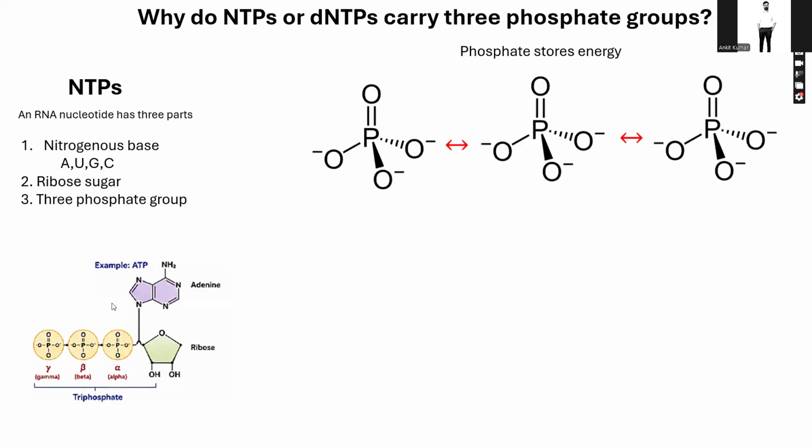All of these phosphate groups are highly negatively charged. You can see three negative charges on the oxygens, and all of these phosphate groups will be repelling each other, right?